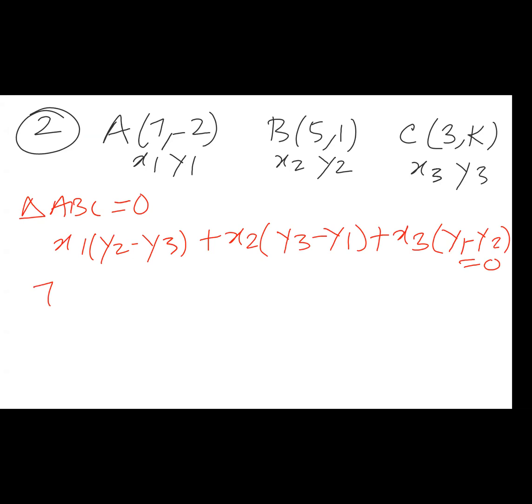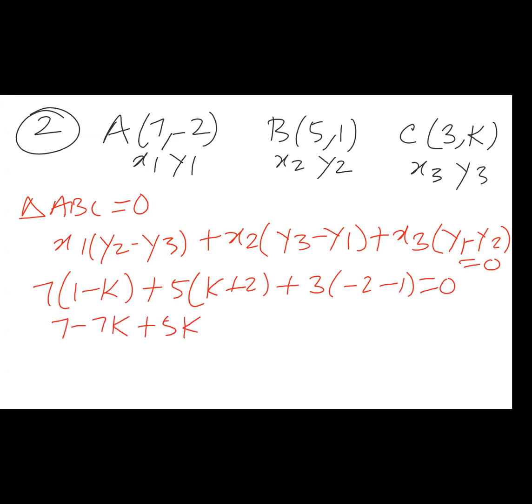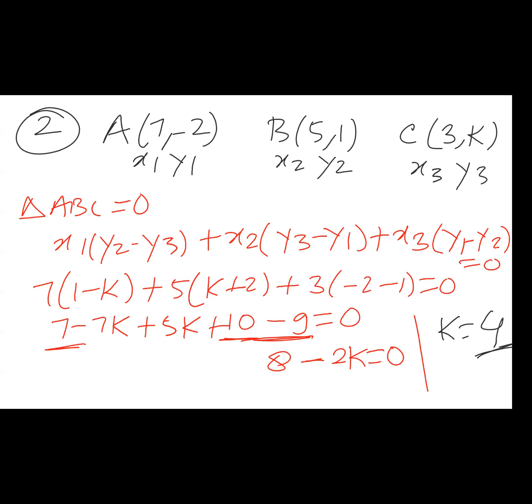Putting the values here: 7(1 minus k) plus 5(k plus 2) plus 3(minus 2 minus 1) will become 0. 7 minus 7k plus 5k plus 10 minus 9 equal to 0. 10 minus 9 is 1. 1 plus 7 is 8. 8 minus 2k equal to 0. k will be 4. Clear? Yes, sir. So the value of k is 4.